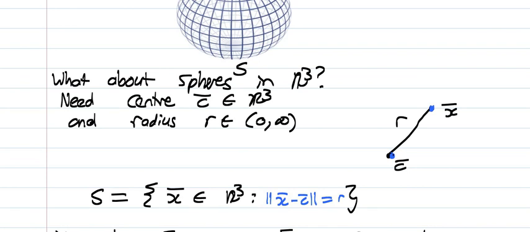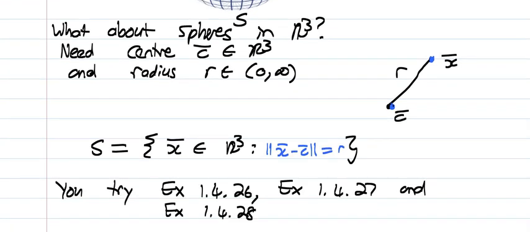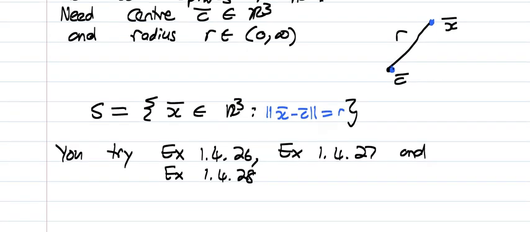And this, ladies and gentlemen, will define a sphere S. All right? Now, I'm not going to do examples of spheres. If you want to play with spheres, please look at our textbook. There's a problem in example 1.4.26, another one in example 1.4.27, and another one in example 1.4.28, if you want to play a little bit with spheres.